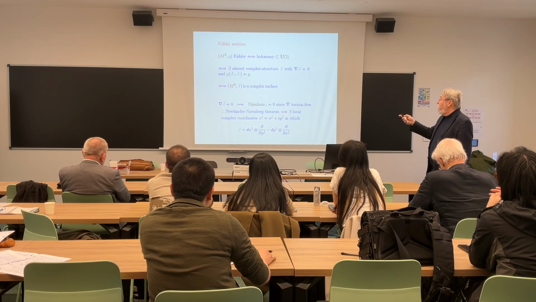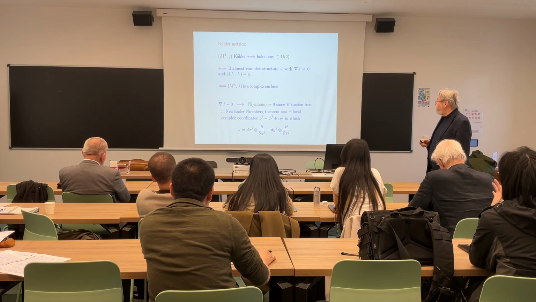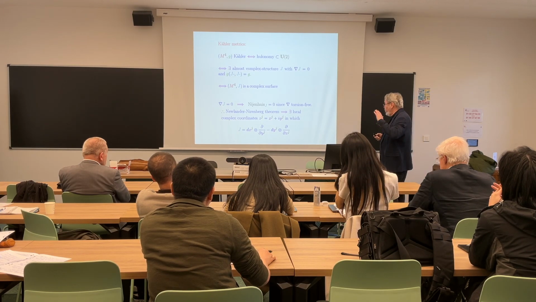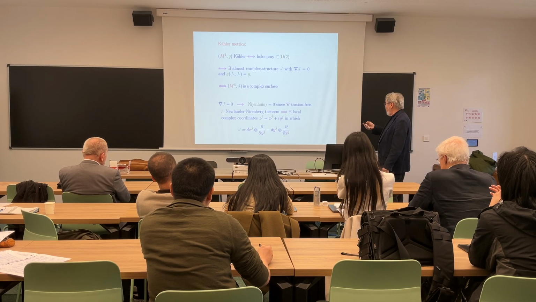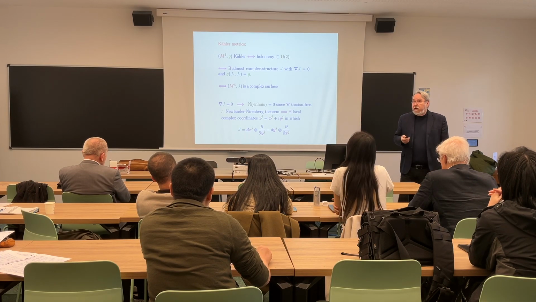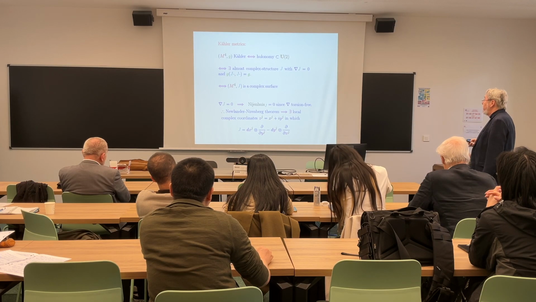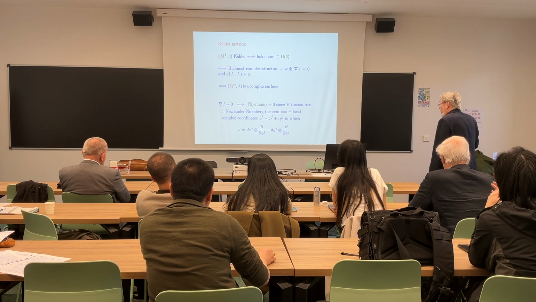If you have complex coordinates and a Hermitian metric with respect to them, if you have a complex structure, you can always find a torsion-free connection such that J is invariant under parallel transport, or parallel.